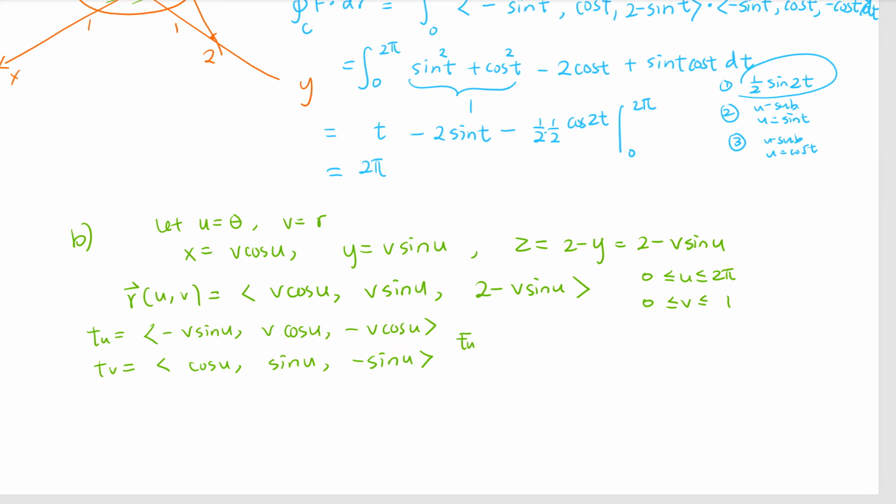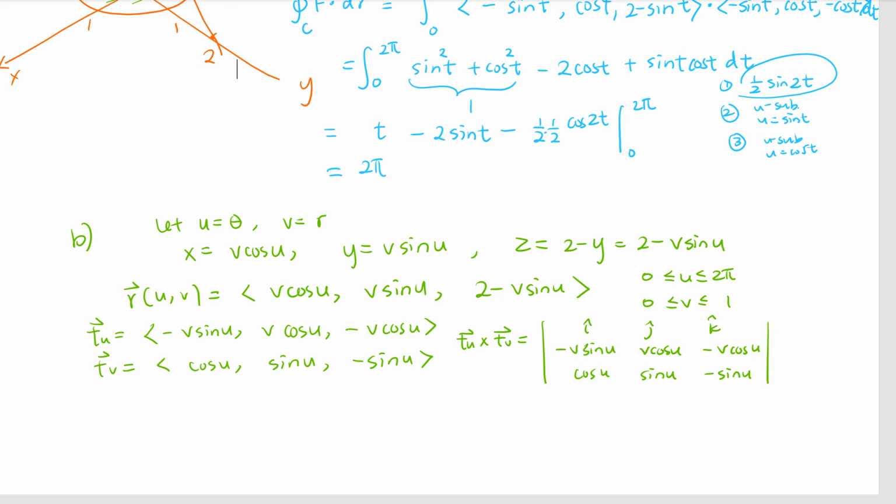Okay, now how about the cross product? So i, j, k, minus v sine u, v cosine u, minus v cosine u, cosine u, sine u, minus sine u.